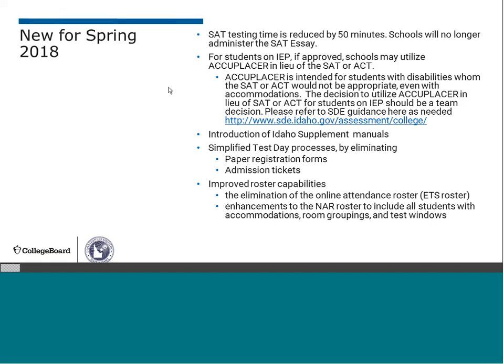So you will have a single list of all students testing with accommodations. In addition, we've added information to the report to help you know how to group those students together for testing, whether they can test on the primary day or in the window, as well as what color test materials to use.